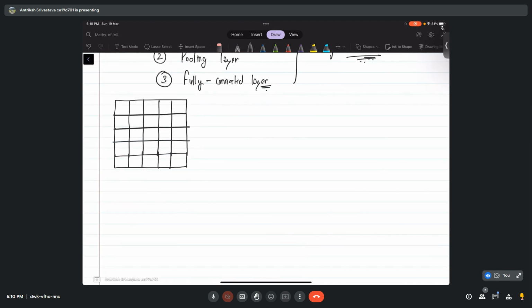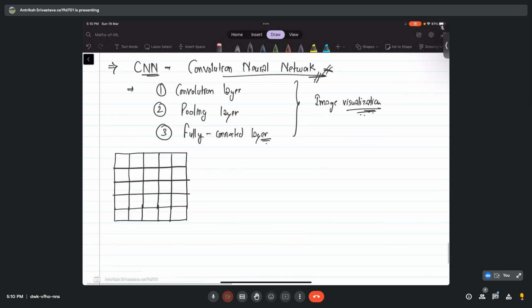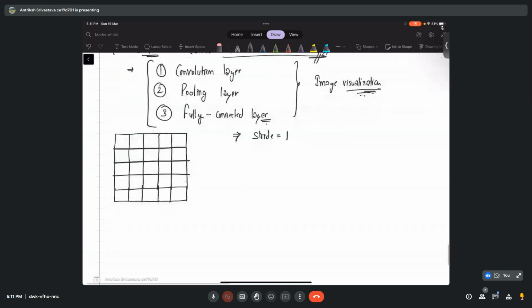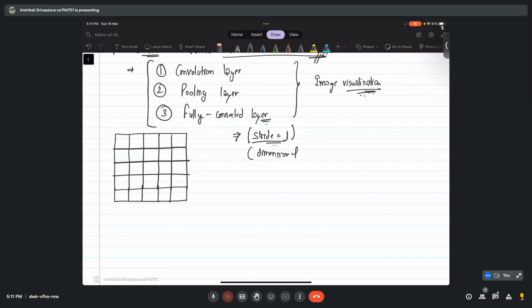Now when I talk about the convolution layer and how this convolution neural network works, you are going to give the model two values. One is stride, that is usually 1, so let's not worry about that, but you can change it. And one is the dimension of the filter matrix. Now how does this work?